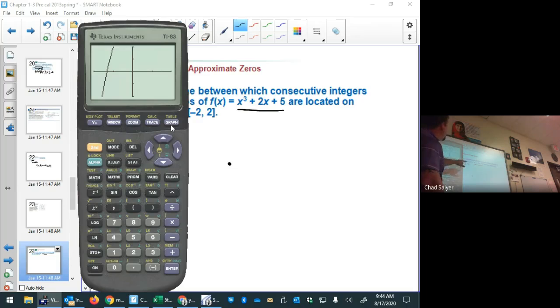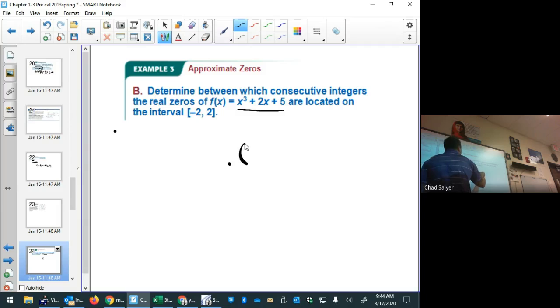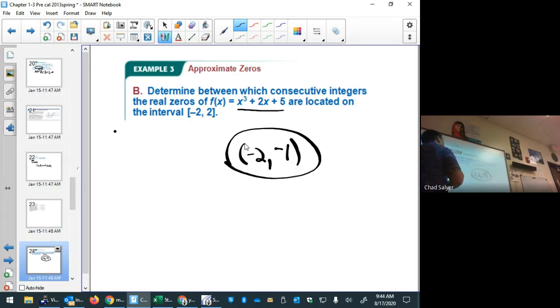So only one zero occurs between -2 and +2, and it is between the consecutive integers -2 and -1. This is the only zero that occurs on this interval. There might be other zeros in other parts, it might not, but there's only a zero between these two for this interval.